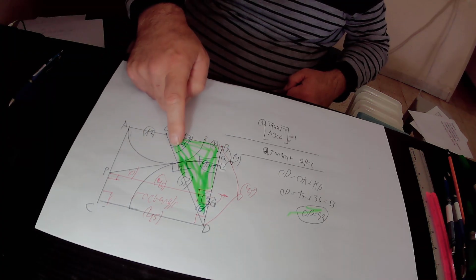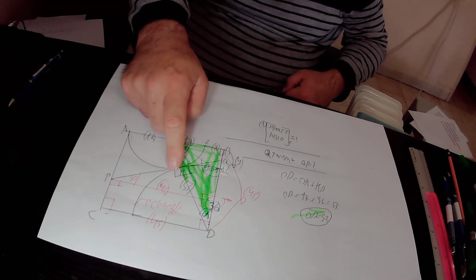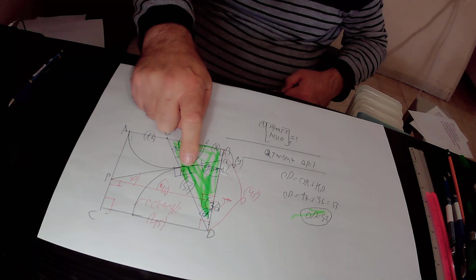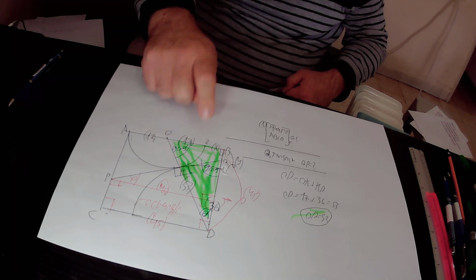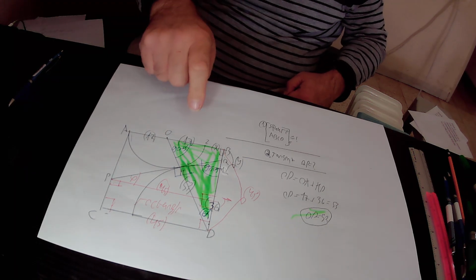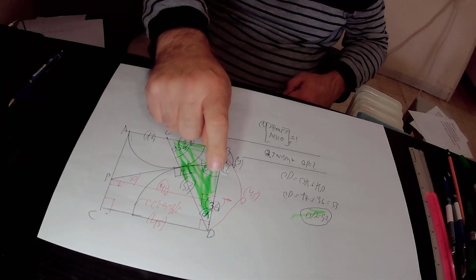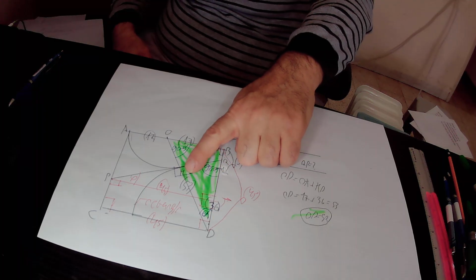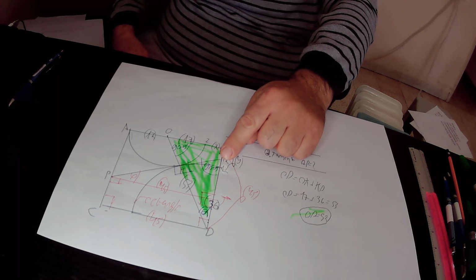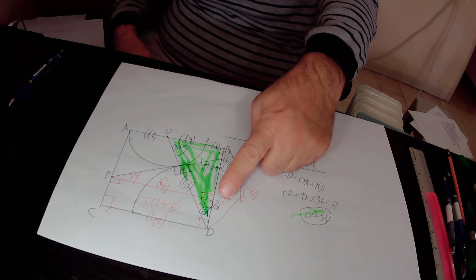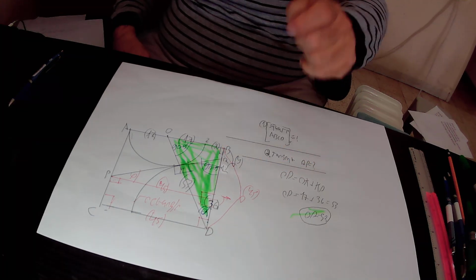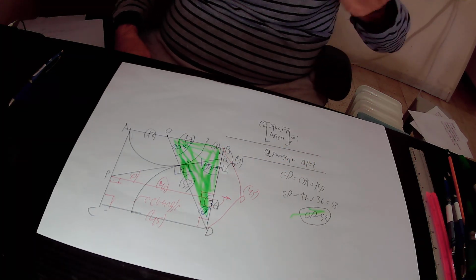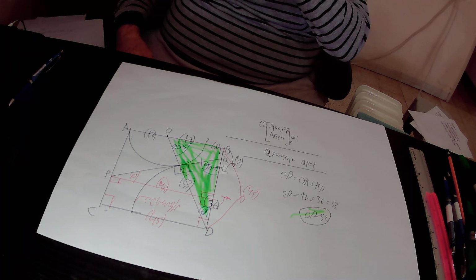If PQ is perpendicular to KD, it means that this angle equals 90 degrees, and this angle also equals 90 degrees. So inside the small green triangle KQD, this angle equals alpha, this angle equals 90 degrees, and therefore this first angle must be equal to 90 degrees minus alpha, since the sum of the angles in any triangle is 180 degrees.